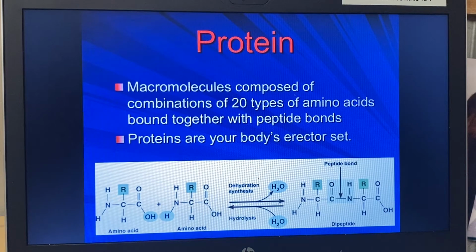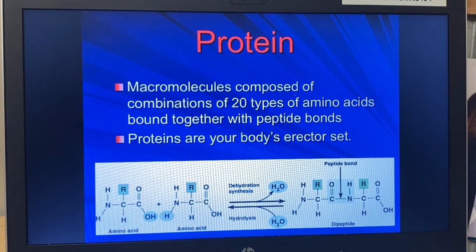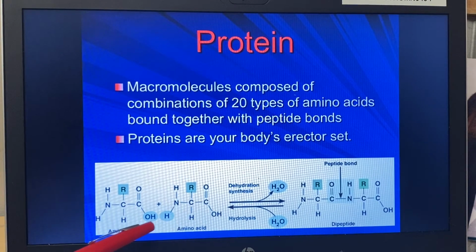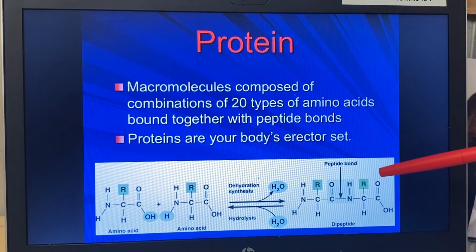Okay, so proteins are made up of amino acids that are joined together, and this is where those side groups come in handy, because when you want to take 2 amino acids and join them together to form a protein, you just remove a molecule of water. Okay, so we see H2O here, and you make a protein which has what we call a peptide bond.